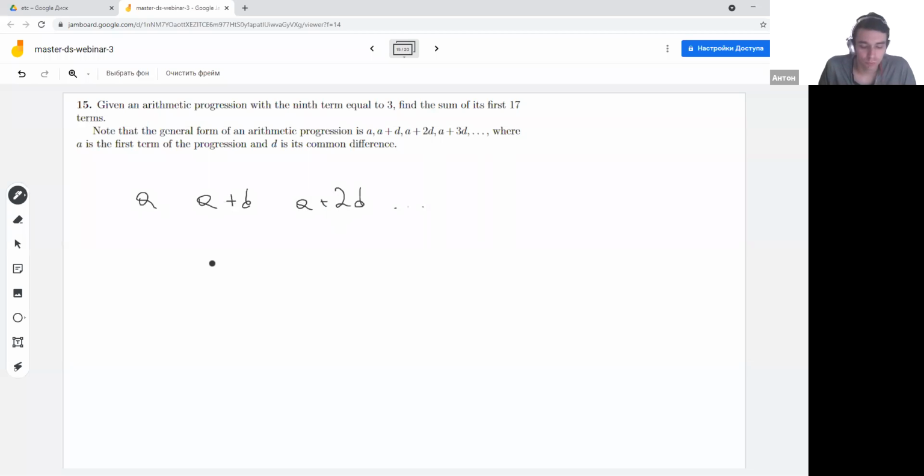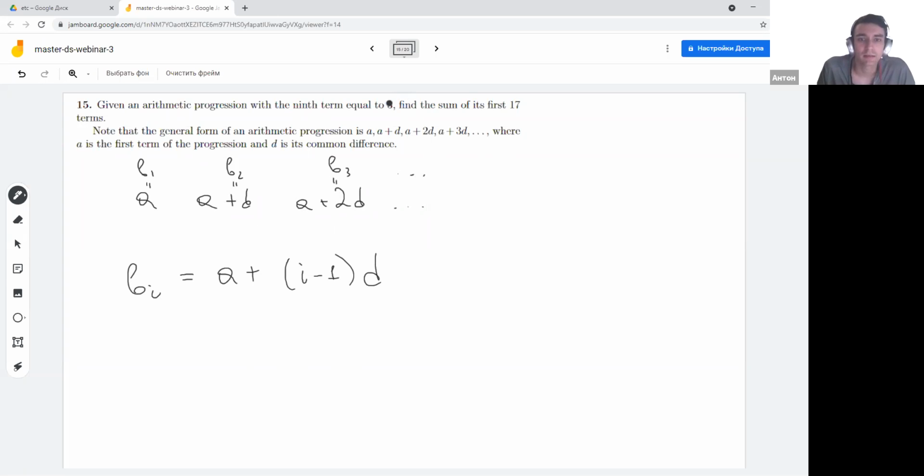Let's denote the i-th term of the progression as b sub i. So b sub i is a plus (i minus 1) times d. Because b sub 1 is just a, b sub 2 is a plus d, b sub 3 is a plus 2d, and so forth.